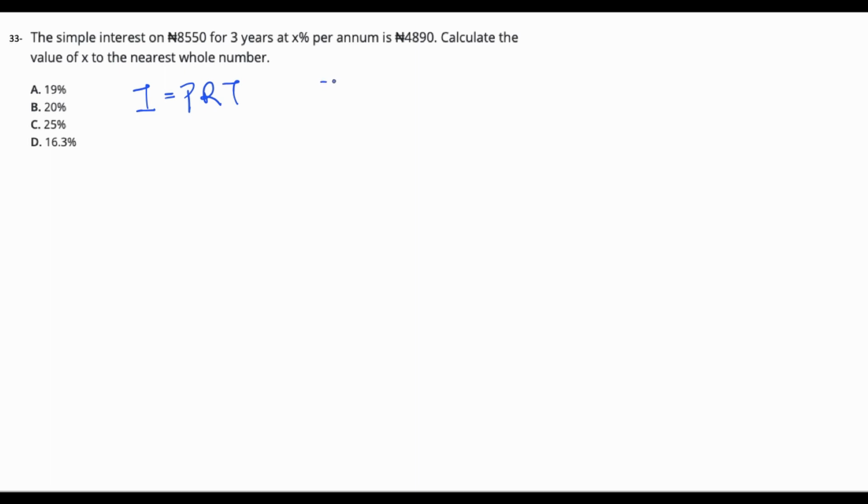So here we have that our interest is equal to 4,890. We have that P, our principal, is equal to 8,550. And we know that our time is equal to 3 years. And we're requested to find our R.